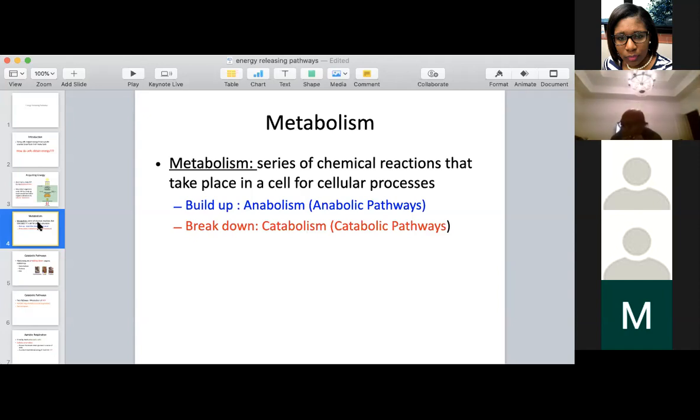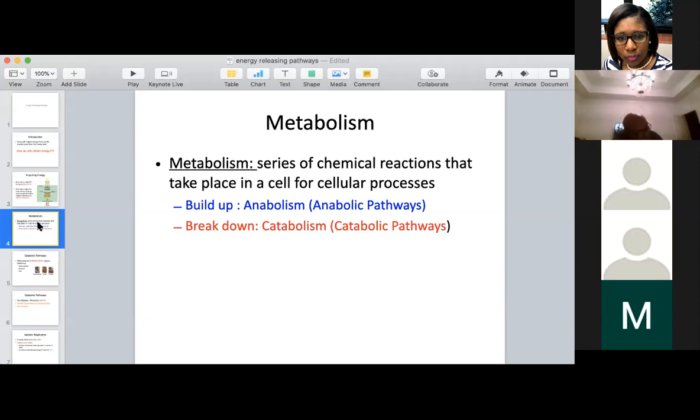Metabolic activity is a requirement for life. And so there are two types of metabolism. Metabolism is sort of that general term that refers to all of the chemical reactions that take place in our bodies. But if we wanted to be a little bit more specific and identify whether these chemical reactions are building or synthesizing new molecules, then we refer to that type of metabolism as anabolism. So write down the term anabolism.